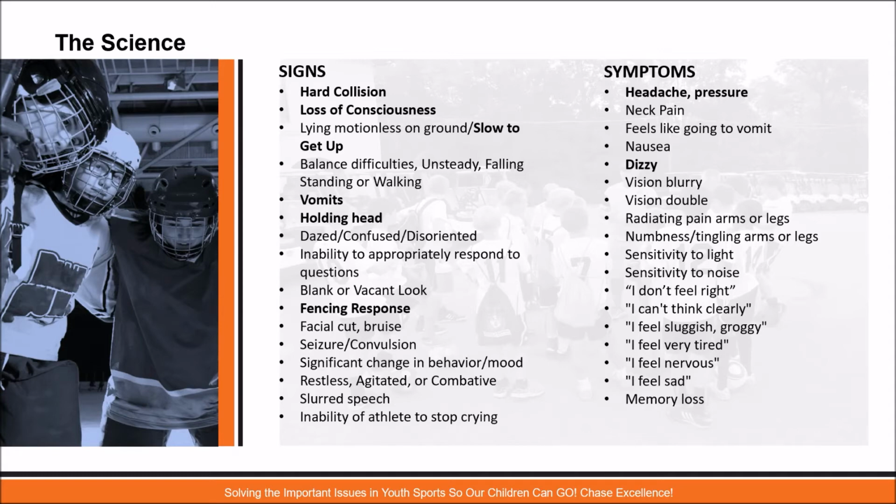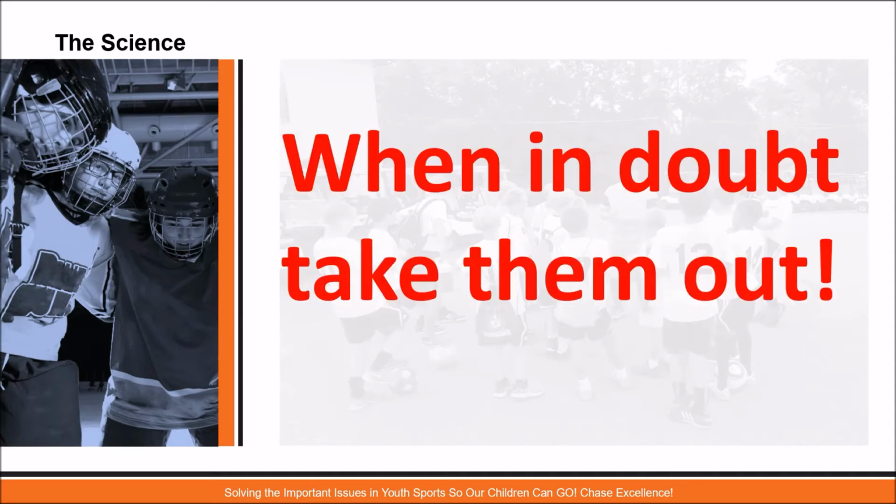And how are you going to document which of these signs and symptoms you see on the sidelines? Having a system is critical so the signs and symptoms can be immediately documented and immediately communicated to all the stakeholders in your organization. The bottom line with concussions and any injury is, when in doubt, take them out. These are youth athletes. When in doubt, take them out.